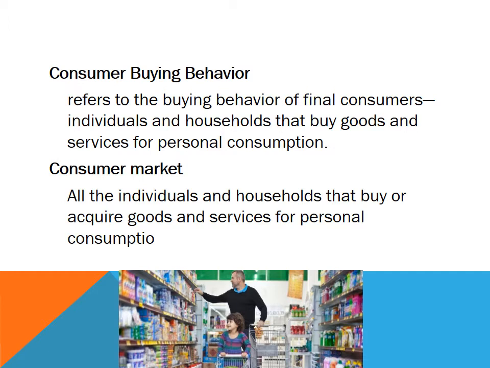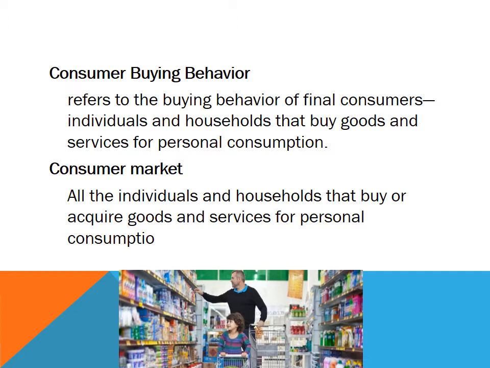Meanwhile, for business market, which we're going to explain next week, we will talk further about when someone buys the product, processes that product, and sells it finally to the final consumer. So in business market, they will reprocess the product, or maybe they will resell it to other consumers, not for their own consumption.